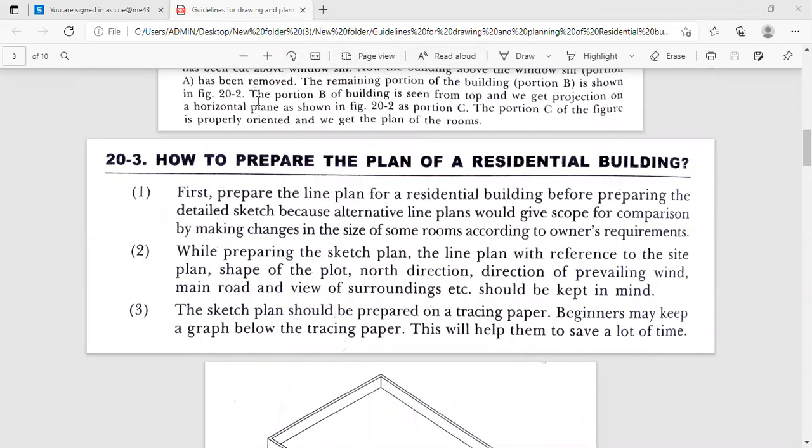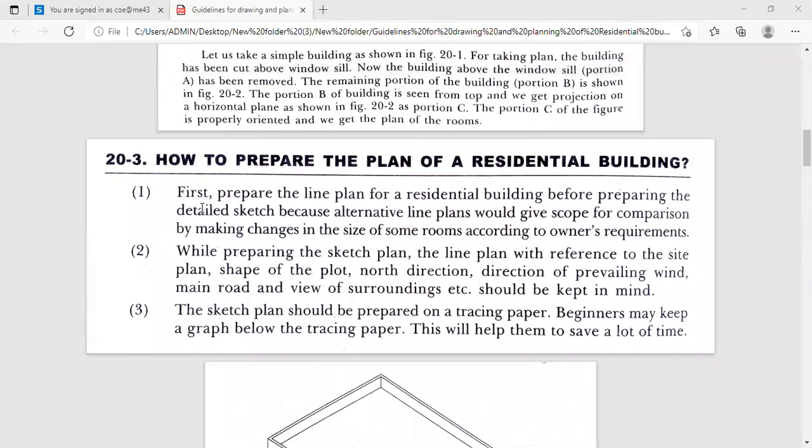Very first, prepare the line plan for the residential building before preparing the detailed sketch, because alternative line plans would give scope for comparison by making changes in the size of some rooms according to the owner's requirement.